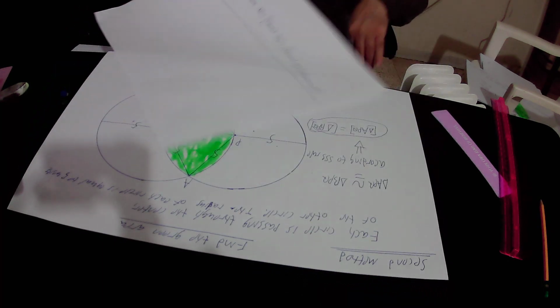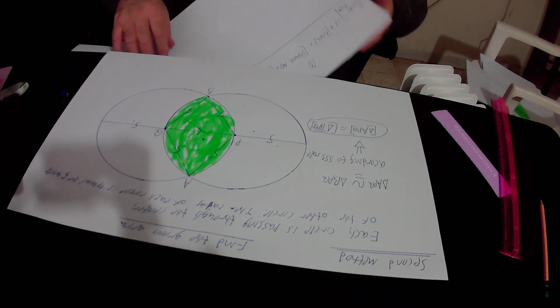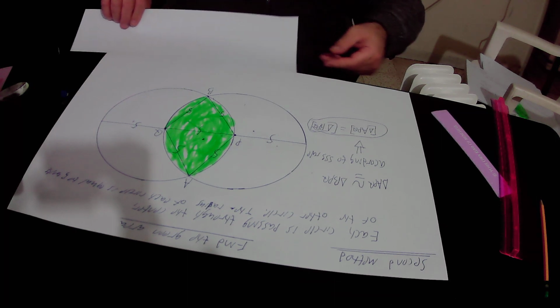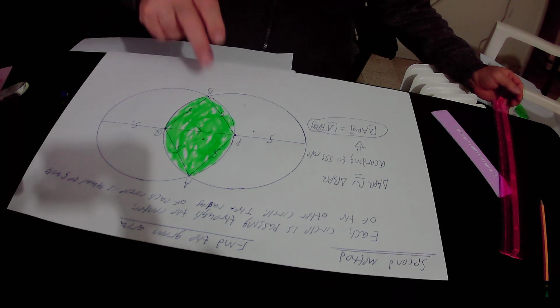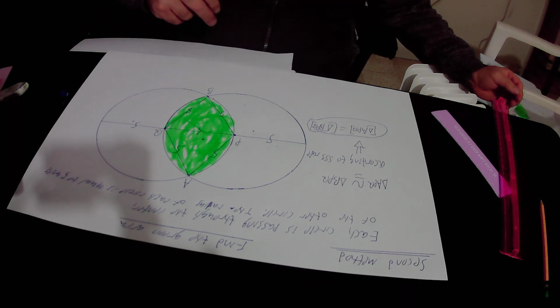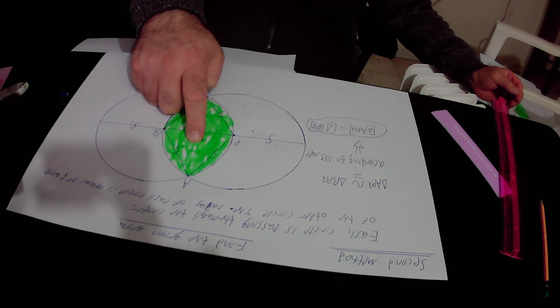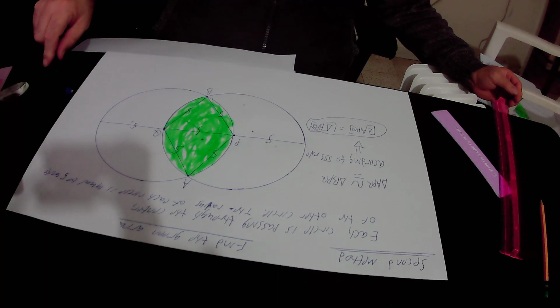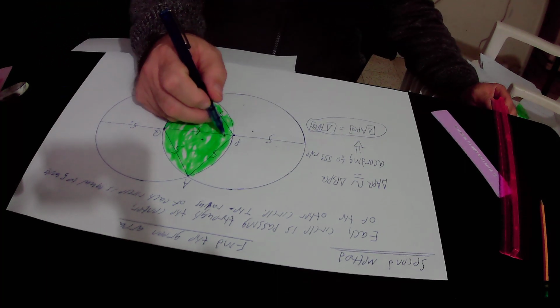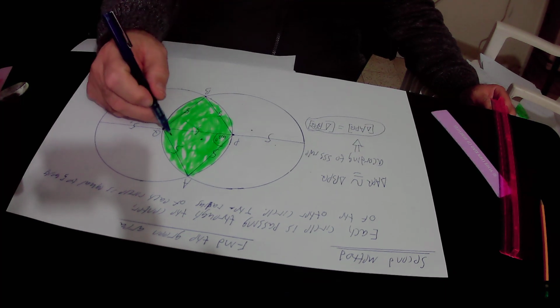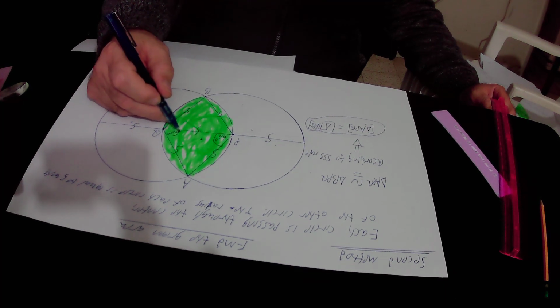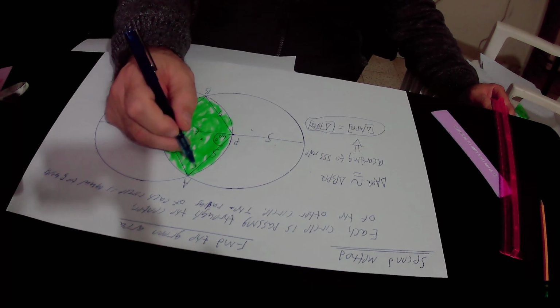Okay? So, what is the area of triangle APQ? What is the area of this triangle? We know that all the angles here are equal to 60 degrees because it is an equilateral triangle.